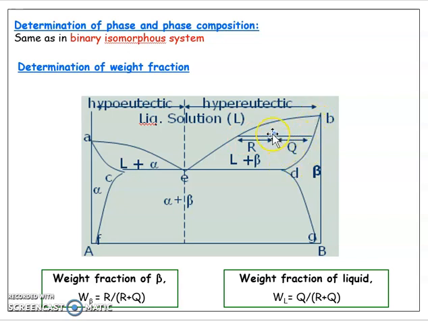If you want to find the percentage of beta here, you calculate R over R plus Q. If you want the other composition, it is Q over R plus Q. So this is how you calculate a weight fraction.